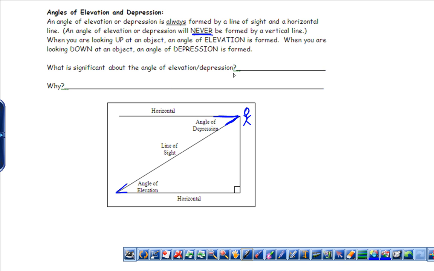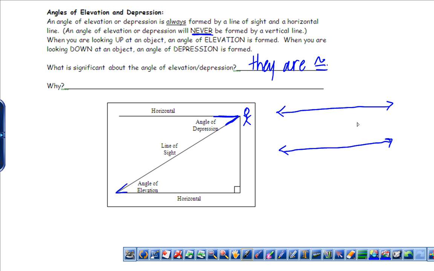What's so special about these is that they are congruent. And why is this true? If you can picture this picture from way back when, if you have parallel lines, and you have this line right here, this is called a transversal.